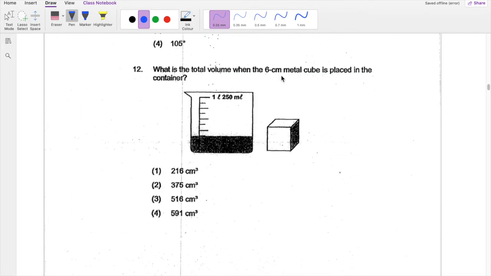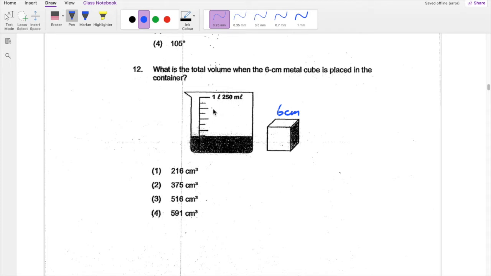What is the total volume when the 6 cm cube is placed into the container? We see the volume here. We need to calculate the volume of the liquid first, then add the volume of the cube. So here we see it's 1 liter and 250 ml.